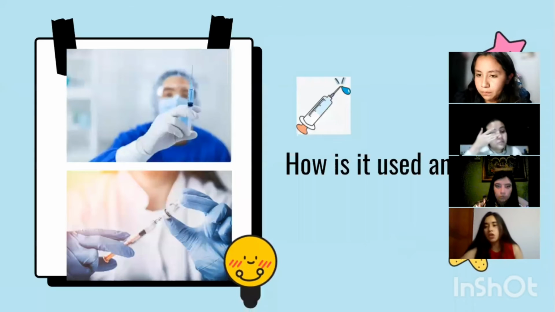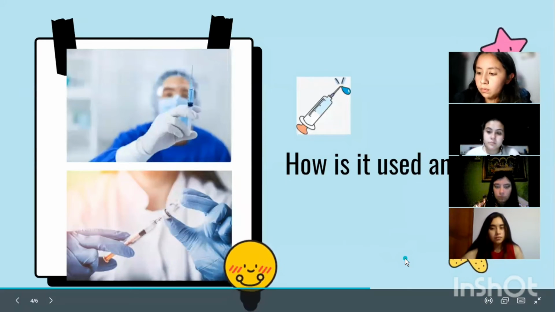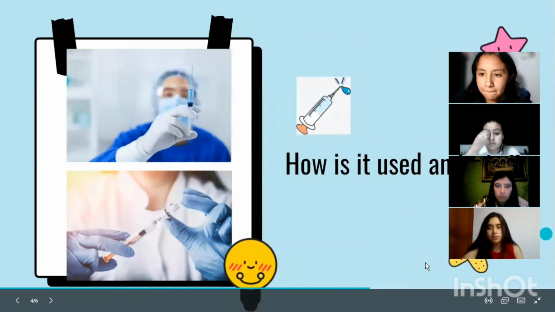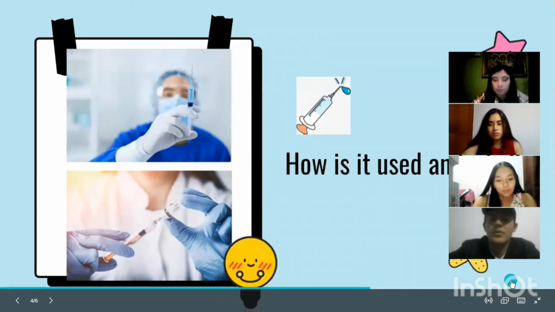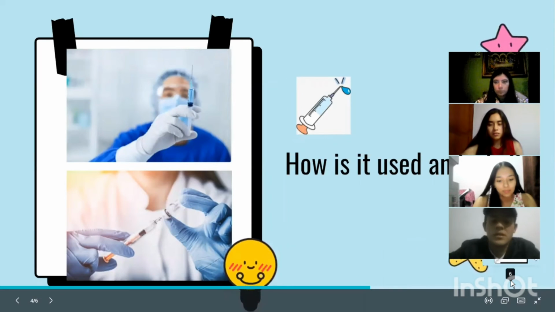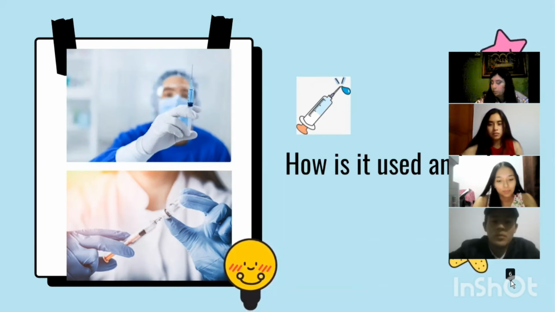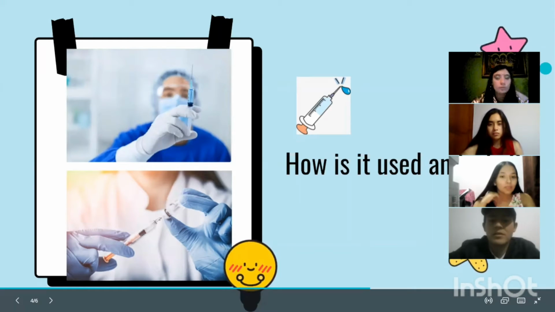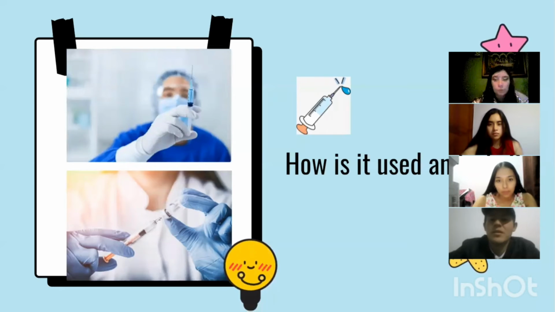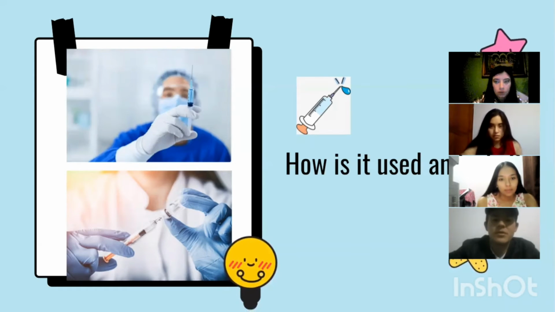How is it used and why? Anesthesia is the medicine that keeps you from having pain during certain medical procedures. These medicines are called anesthetics. They can be given by injection, inhalation, or intravenous.